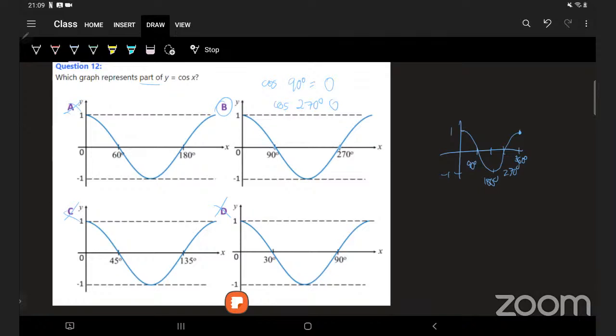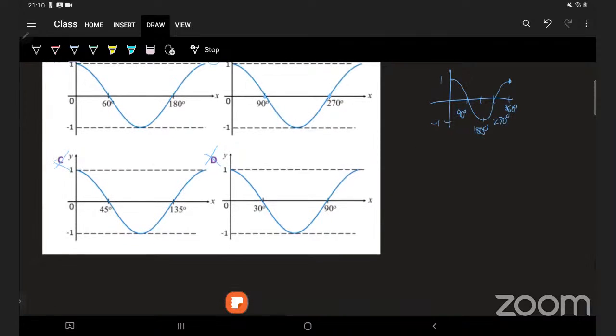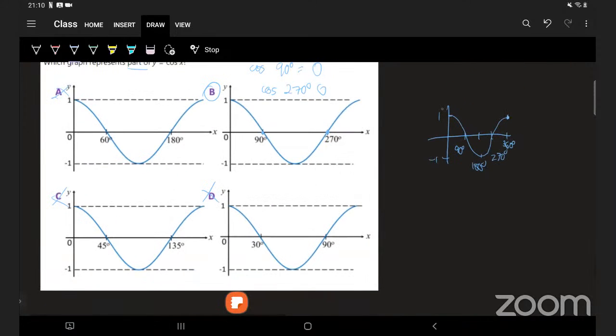If you do cosine 60 and cosine 180, they're either positive or negative real numbers, not 0, unlike 90 and 270. So that's one way you can trial and error objective questions, but the best way is to remember the shape of the graph and all the properties.